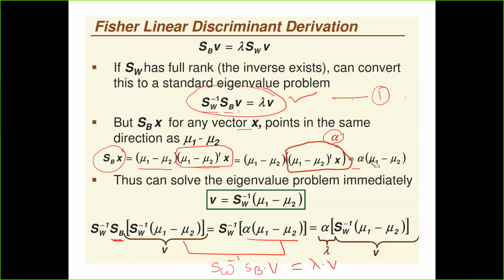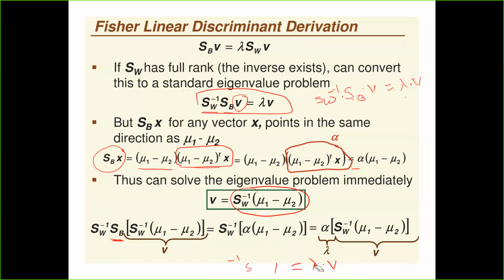Now using this property, we ask for which value of V this happens. What happens when you multiply SW inverse SB with V? This is equivalent to some scalar alpha times V. For which value of V does this happen? It happens only for V equal to SW inverse mu1 minus mu2.